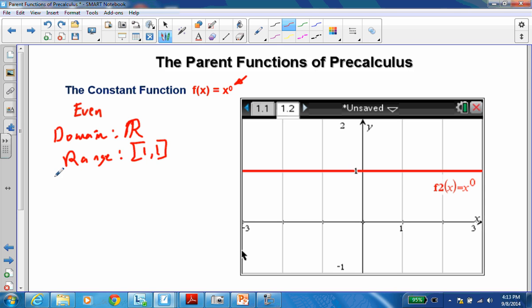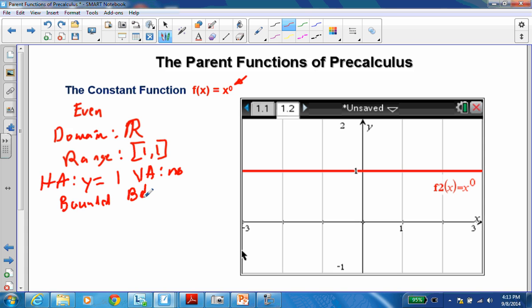Does this have a horizontal asymptote? Actually, it does. Horizontal asymptote is y equals 1. Vertical asymptote? No. And does this thing have boundedness? Yes. Below and above.